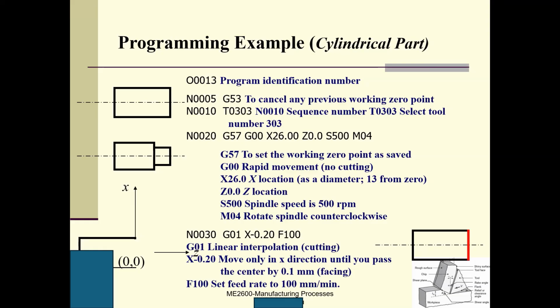So I just move in the vertical direction, the X direction. Here it is only in the X direction until you pass the center by 0.1 millimeter, where the center is 0. You pass it a little bit, and then set the feed rate to 100 millimeter per minute. So this is what this statement does.